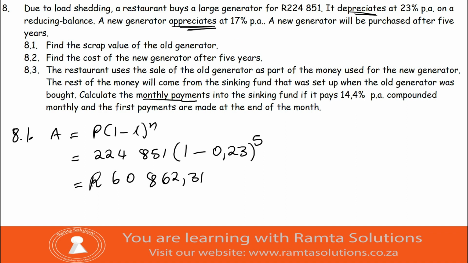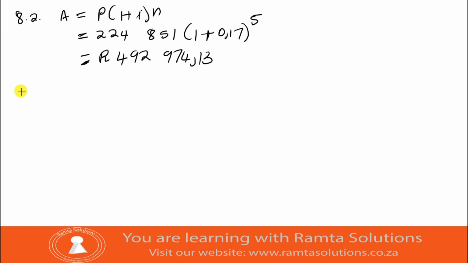Okay, so for 8.3, we have first the number of months. The number of months will be 5 times 12, which is 60, and we are looking for x. We don't know the future value.